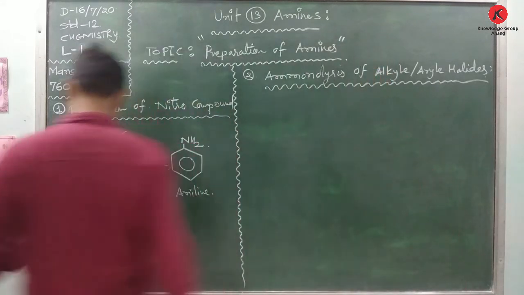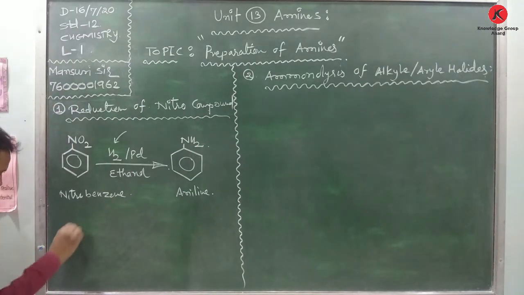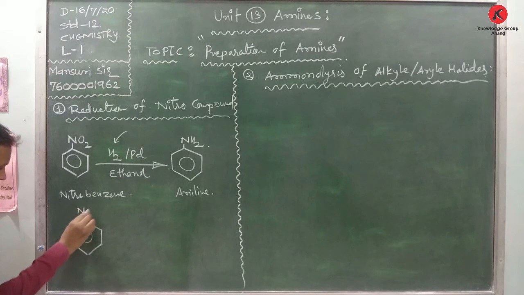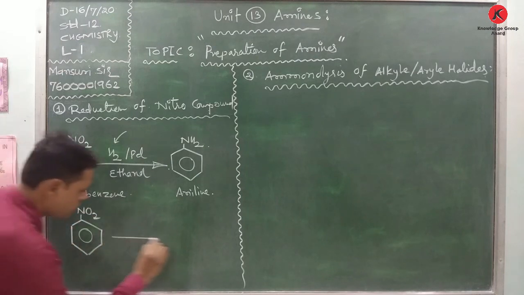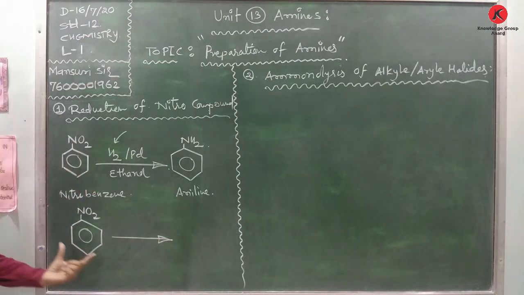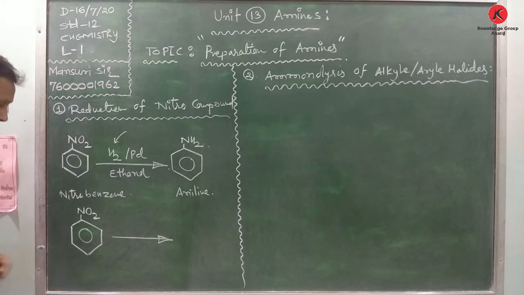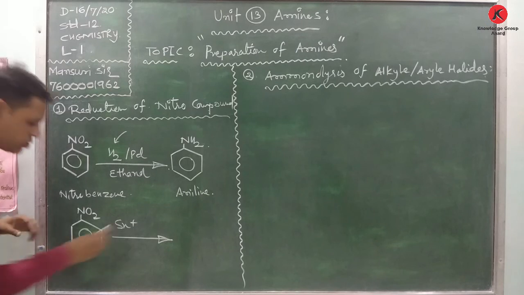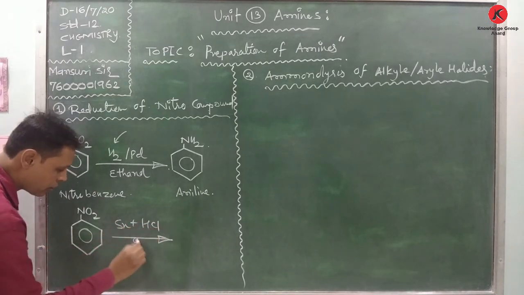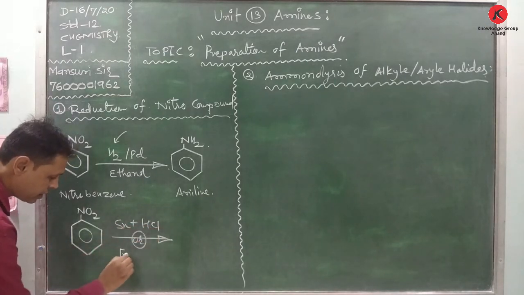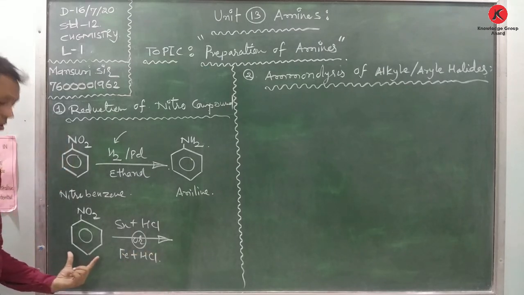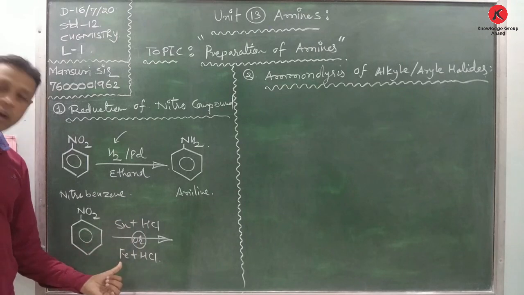Now second one, nitro compounds are reduced. Nitro compounds can be reduced by metal and HCl, Sn metal you can use, or Fe plus HCl. Here you can use Sn/HCl or Fe/HCl.